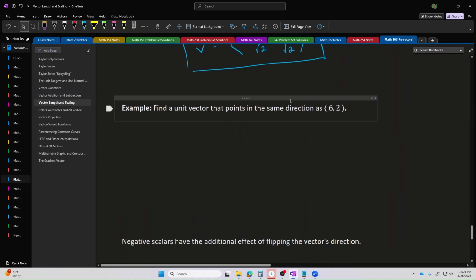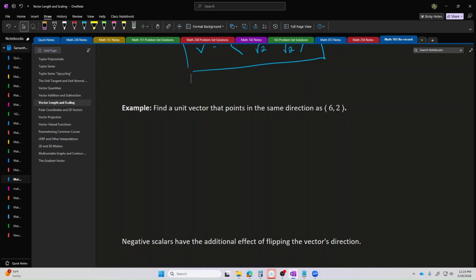Somebody says, find a unit vector that points in the same direction as 6 comma 2. I'm going to try and obtain this unit vector by scaling the given vector by a certain number. I want c times 6 comma 2 to be a unit vector in the end.